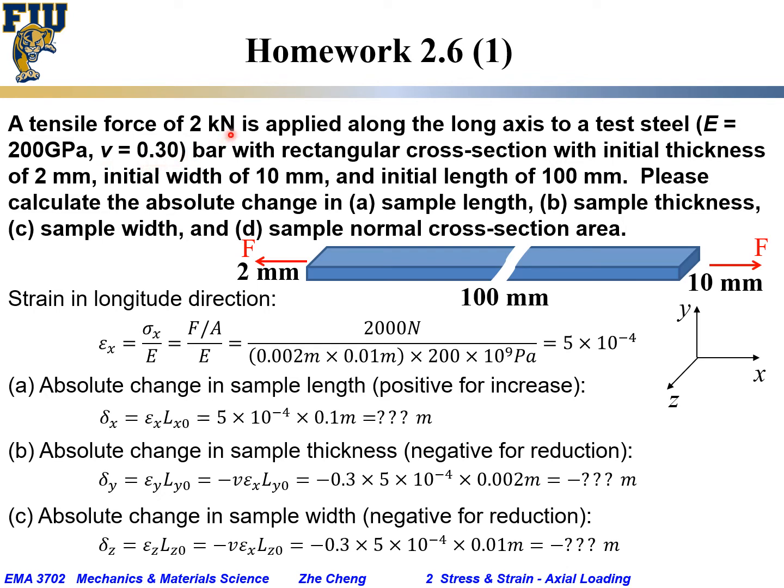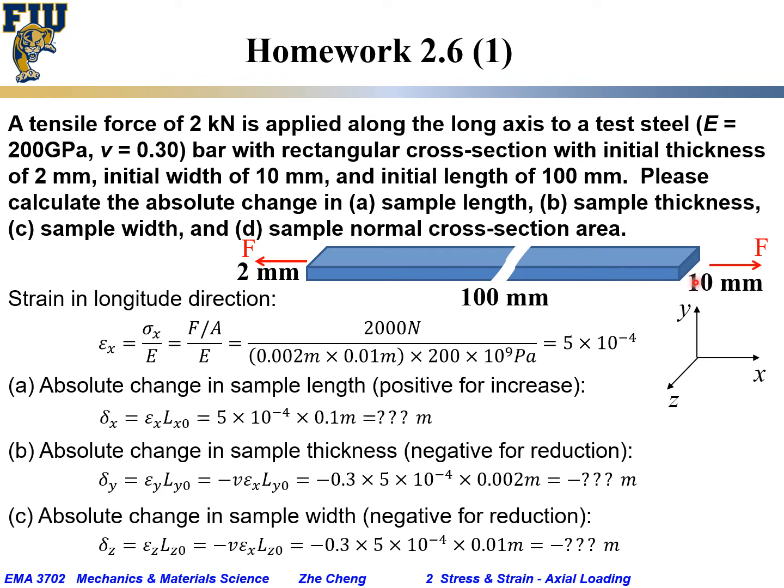So when this force is applied along the longitudinal axis to this steel test sample, what about its dimensions? We know its initial length is 100 millimeter. It has a rectangular cross-section with a thickness of 2 millimeter and a width of 10 millimeter.